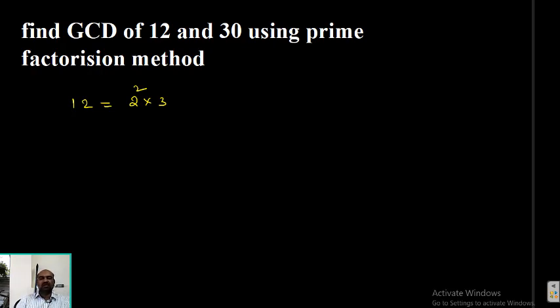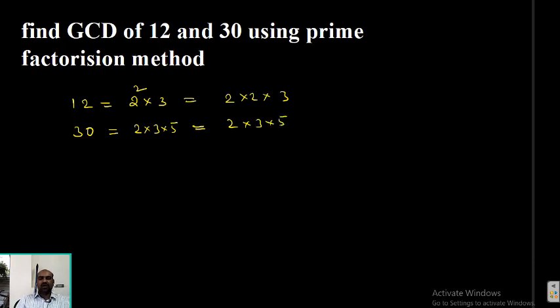Next, 30. 30 can be written as 2 into 3 into 5, or directly I will write 2 into 3 into 5.